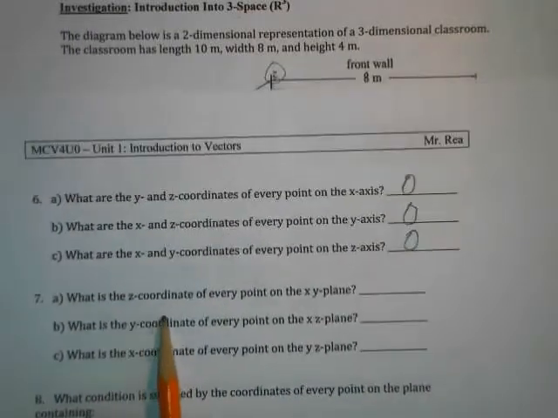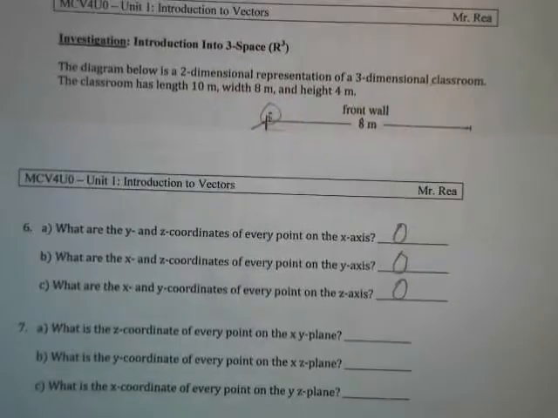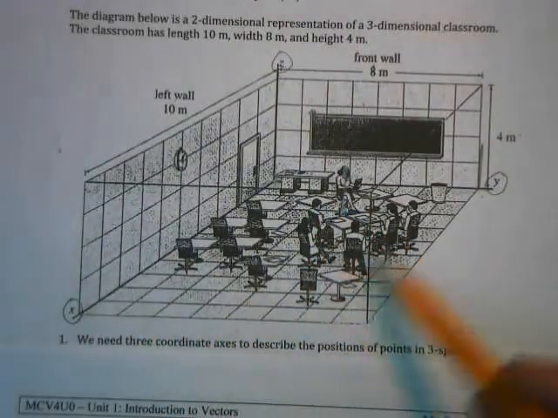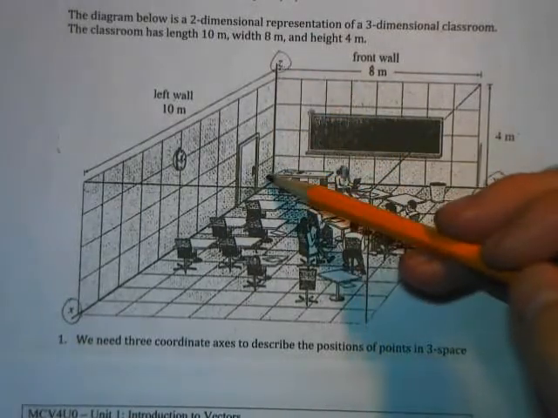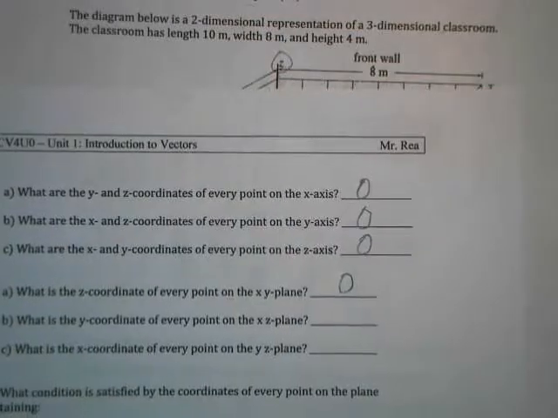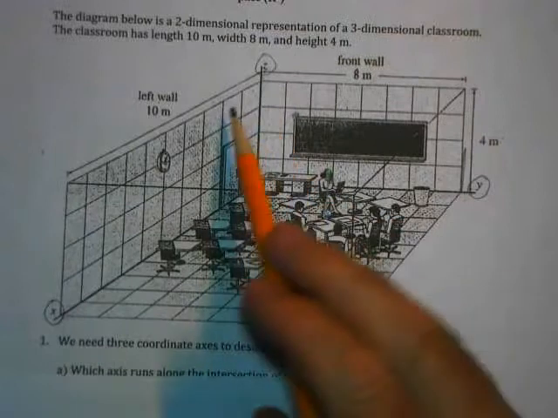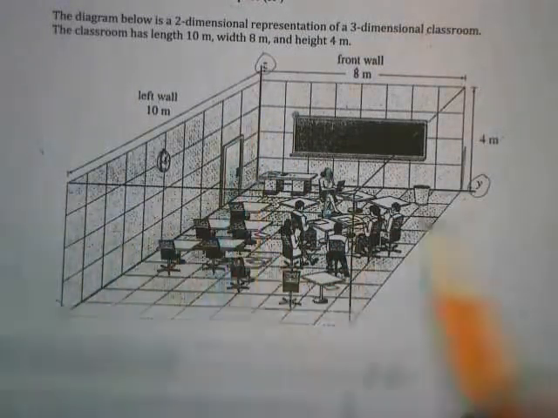What is the z coordinate of every point on the xy plane? If I look at my xy plane, that's basically the floor. We already talked about that. What's the z coordinate of every point on the floor? That would also be 0. What's the y coordinate of every point on the xz plane? The xz plane is the left wall. And what's the y coordinate of every point there? 0.